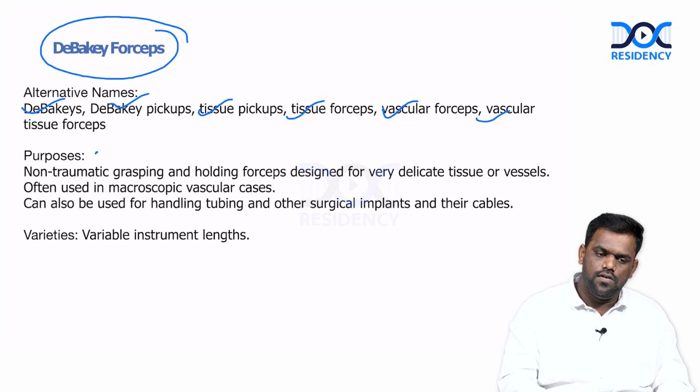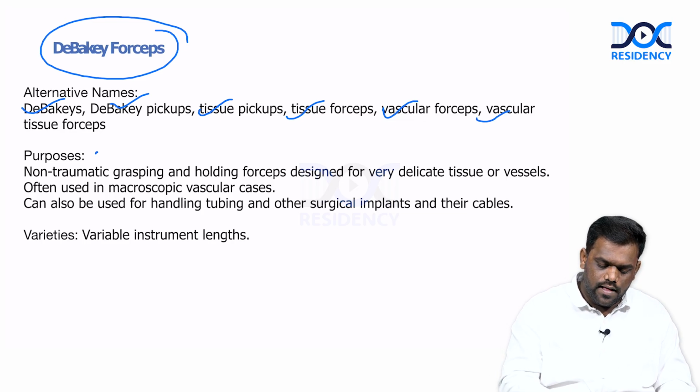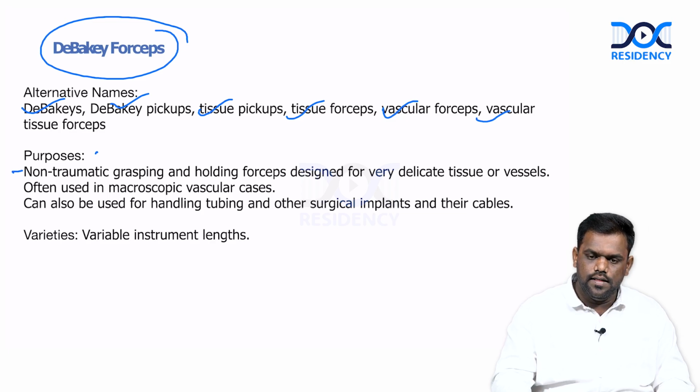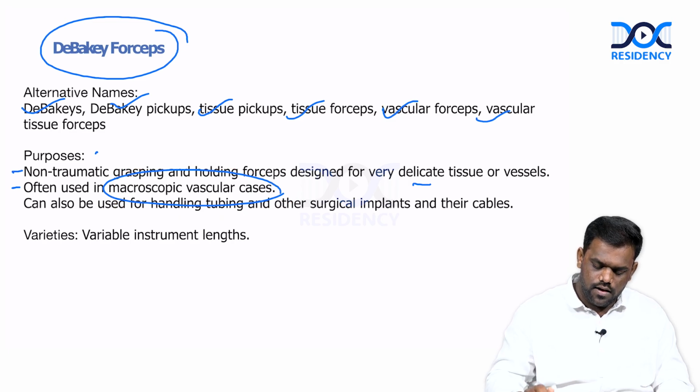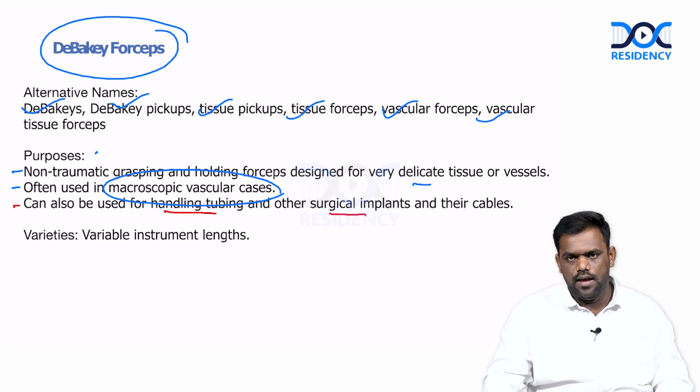The purpose of these forceps is non-traumatic grasping and holding of very delicate tissues or vessels. It's often used in macroscopic vascular surgery, and it's also useful in handling tubing and other surgical implants and cables.